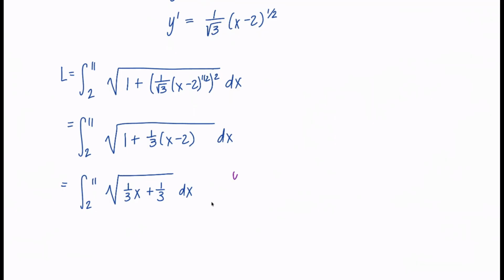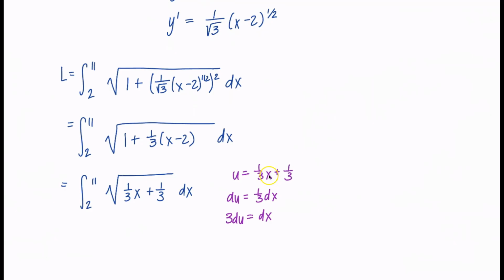So I can say, let's let u be 1/3 x plus 1/3, and then du is just a third dx, or 3 du is equal to dx. We can change our limits of integration and turn them into u values.